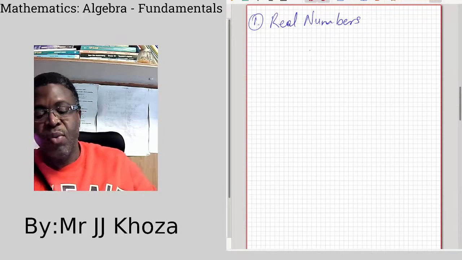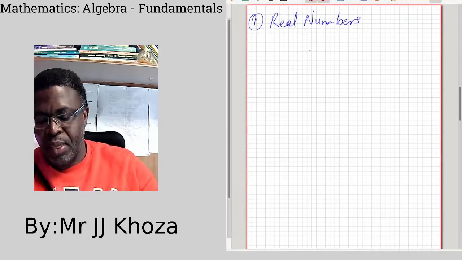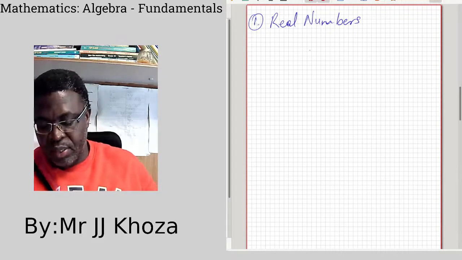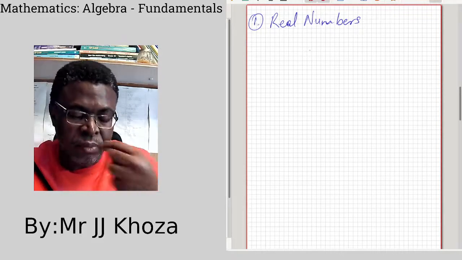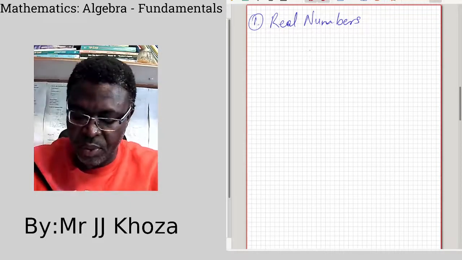That will give you a very clear picture. From there, we're going to talk about properties of real numbers, and then it will be the end of the section. I want to keep this short and simple.